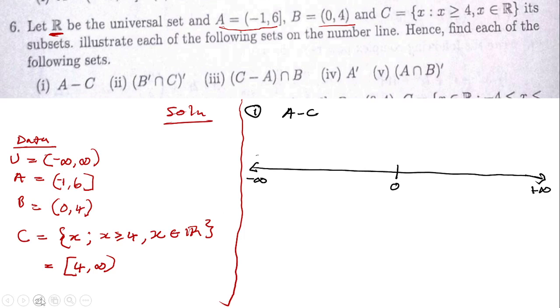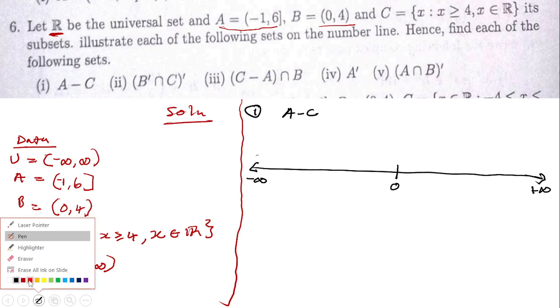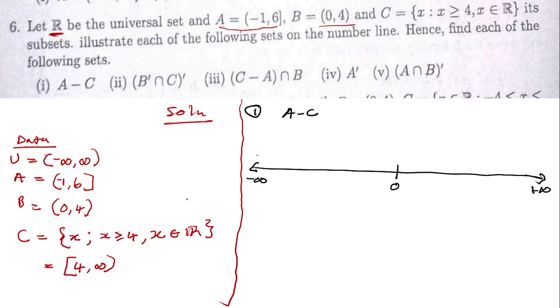When you do that, you now present these sets on a number line. Since we are looking for A minus C, I'll put A on the number line. I'll put -1 there, and then I'll also put 6 there.